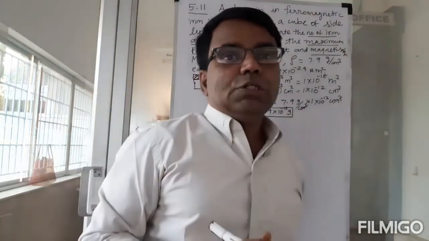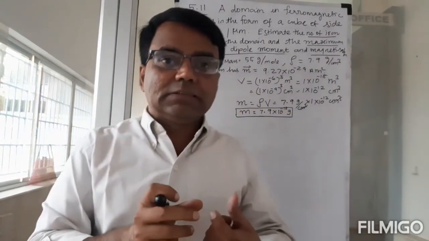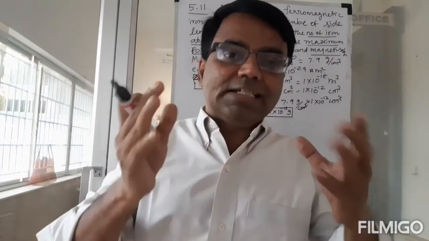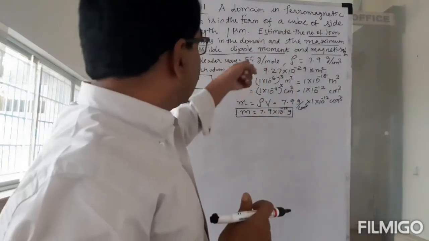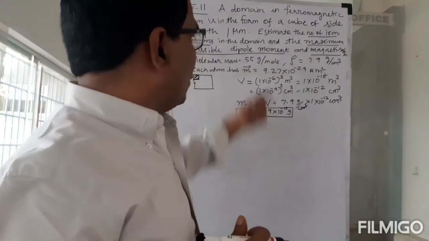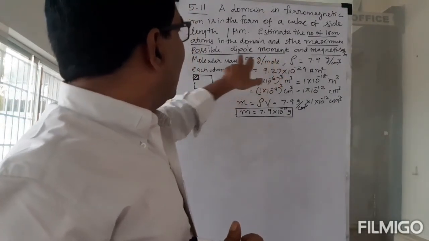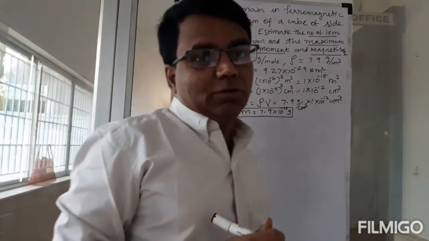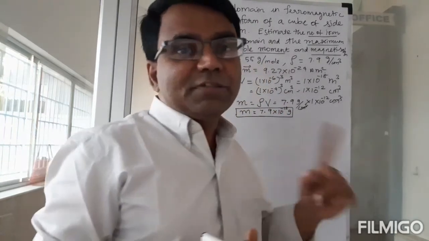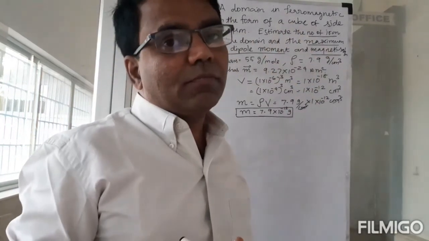Okay. So in this mass of iron, how many iron atoms are there? I'm going to use this piece of information to get that. What do we know? The molecular mass is 55 grams per mole, which means that 1 mole of iron weighs 55 grams.